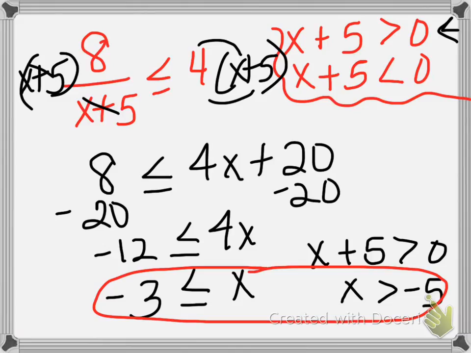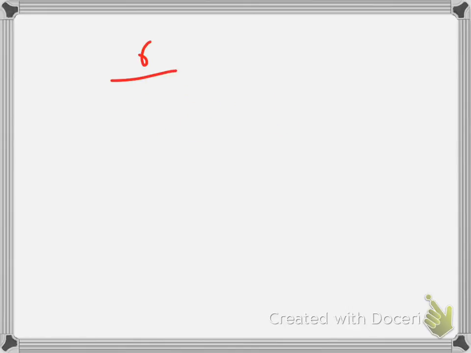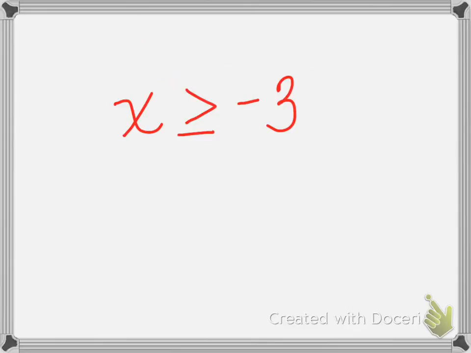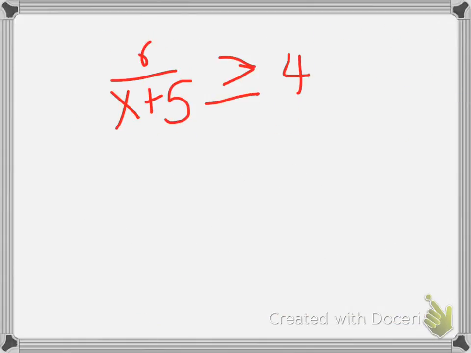Now let's flip to that other one where I said we were going to focus. So let's look at the same problem again. We have 8 divided by x plus 5. Now it's going to be greater than or equal to 4. Recall the last time I wrote this, it was less than or equal to 4. That makes a difference.